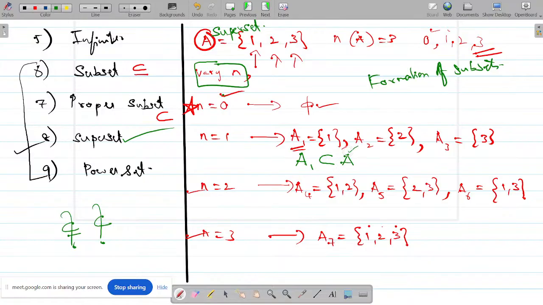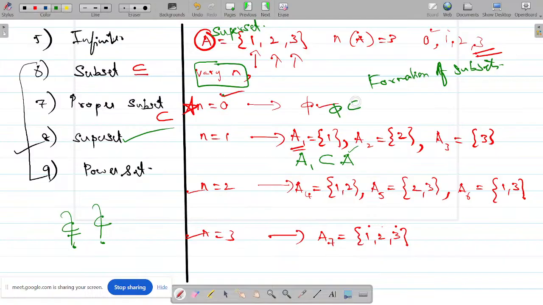Here I am representing a superset A. Usually the superset is the main set, and all these A1, A2, A3 up to A7 are subsets. These subsets can be proper subsets. So when I talk about A1, it is a proper subset. When I talk about the null set, it is a proper subset only. The null set is always a proper subset.